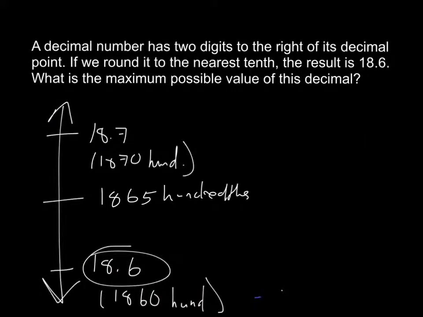Okay, let's look at another problem. A decimal number has 2 digits to the right of its decimal point. If we round to the nearest tenth, the result is 18 and 6/10. What is the maximum possible value of this decimal? Now, we know that we're already going to start with 18 and 2 numbers to the right of the decimal.